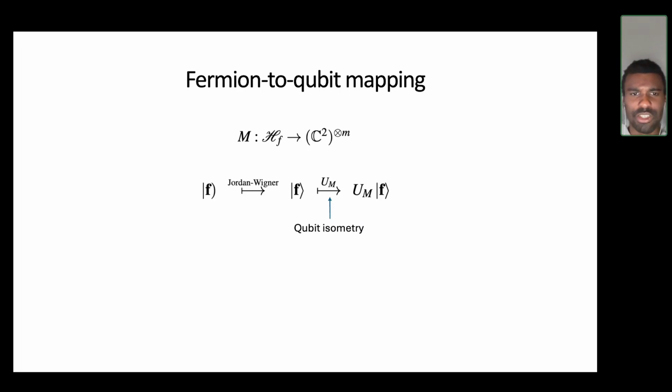We're just going to take Jordan-Wigner for granted now that we've introduced it, and deal with the part of it that's a qubit isometry. But don't worry too much. It's not that big of a change.